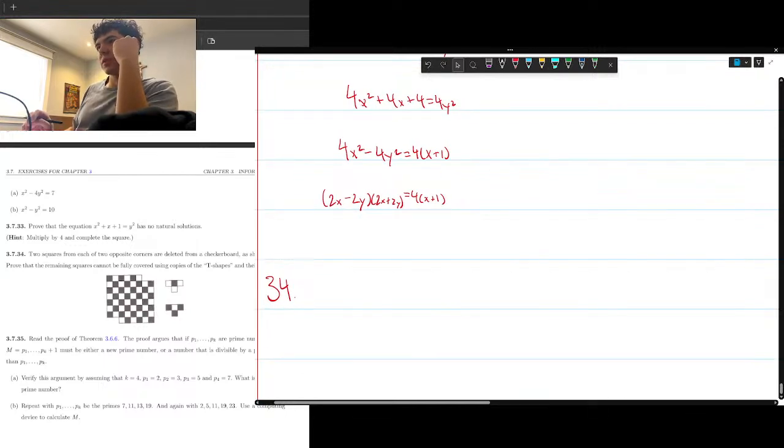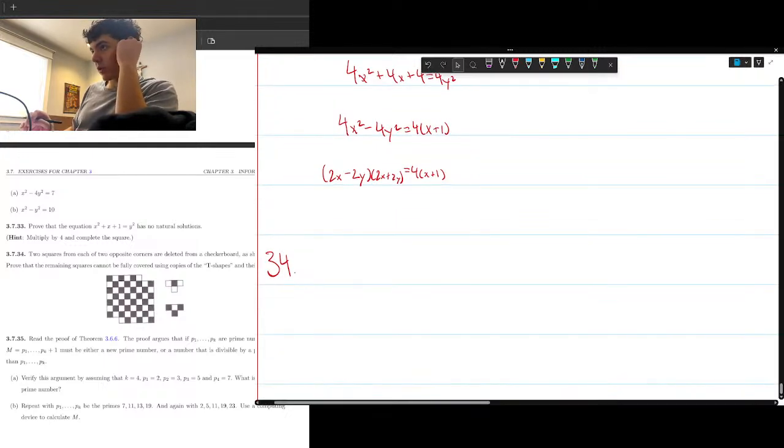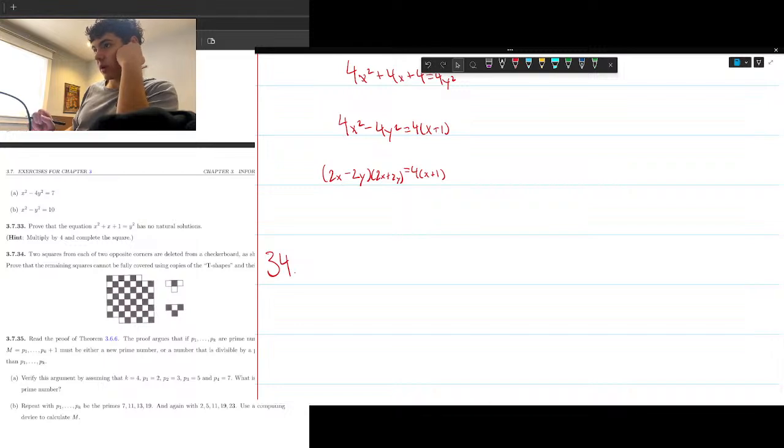What is this, like, an induction proof? Two squares from two opposite corners are deleted from a checkerboard. As shown below, the remaining squares are to be covered using copies of the T-shapes and their rotations.